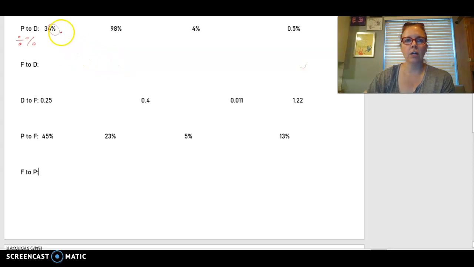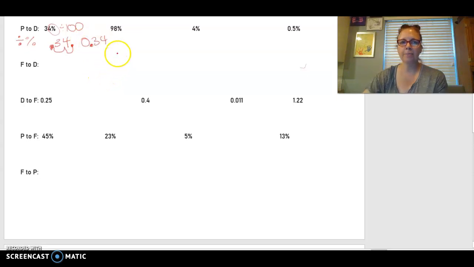So 34% divided by 100, or whenever you have a whole number, the decimal's on the right, at the end. And we're going to move it 2 places to the left. So our answer is going to be 0.34.